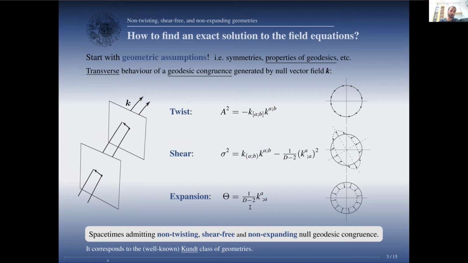And it's exactly our case, because we would like to study spacetimes which admit a non-twisting, shear-free, and non-expanding null geodesic congruence. It means that we take some null geodesic vector field, and we can study the transverse behavior within this congruence.